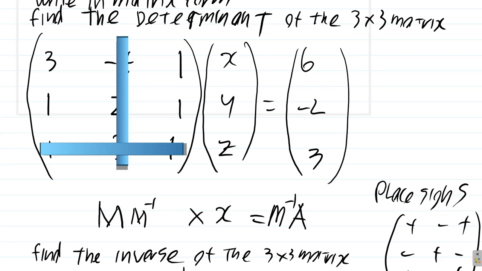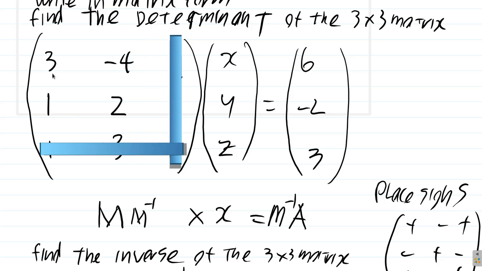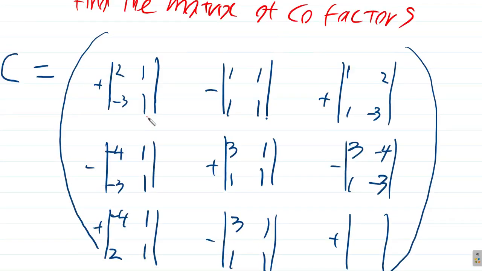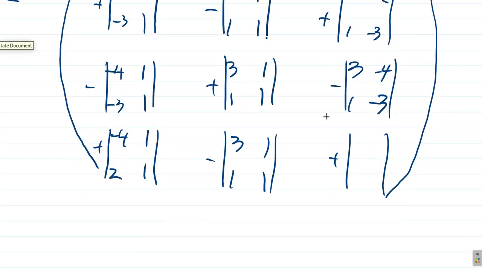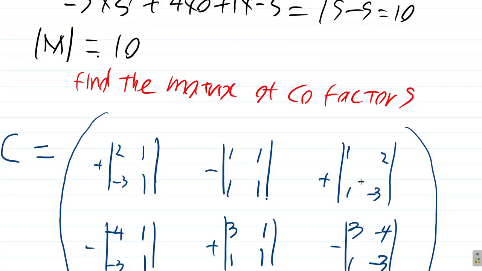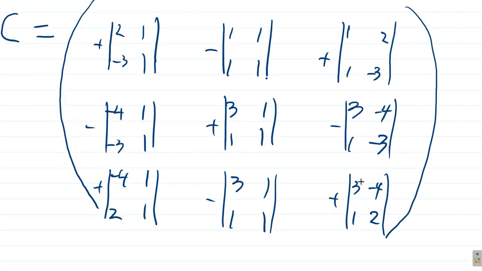And the last one, cover up the element in row 3, column 3, and uncovered are 3, negative 4, 1, 2. Alright. And this type of question should attract a lot of marks. You see the amount of work we have to be doing.